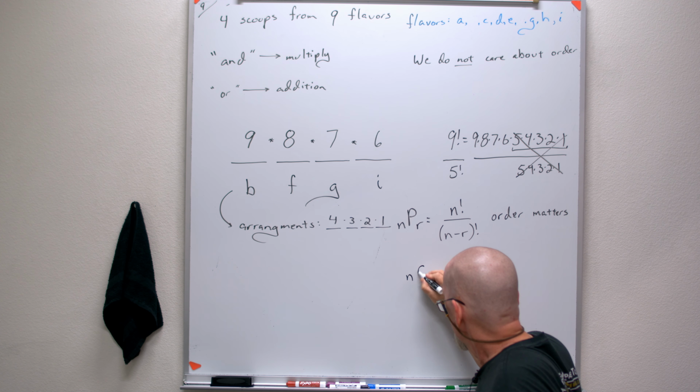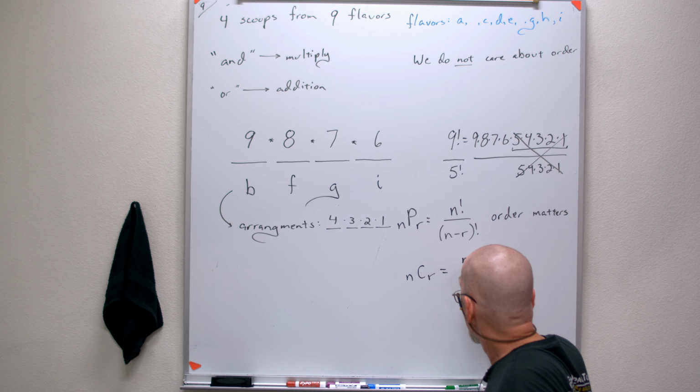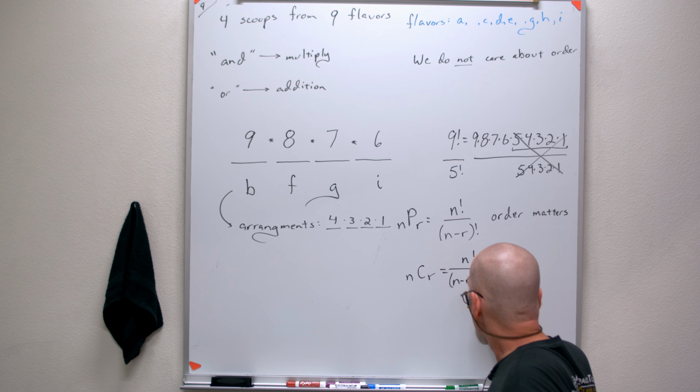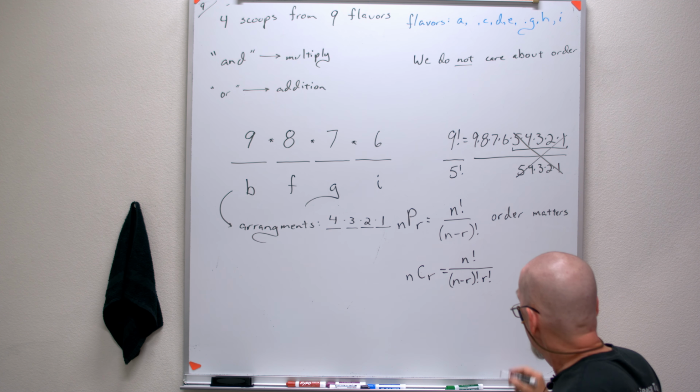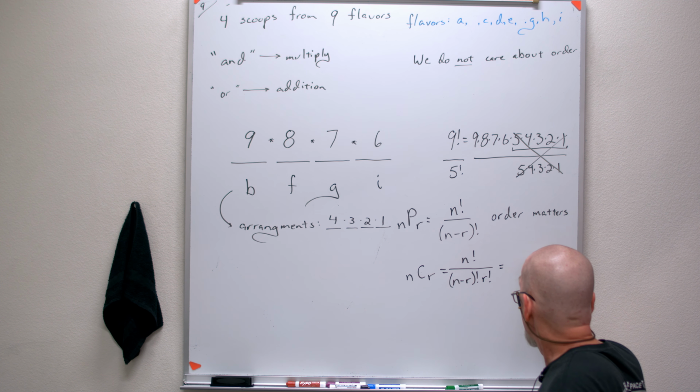The number of ways of ordering the items that I chose is just r factorial. For the example I gave up here, we would have had 9 factorial on top.